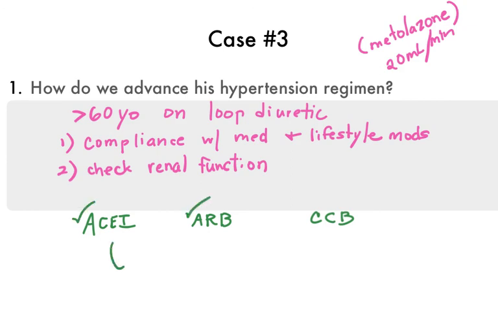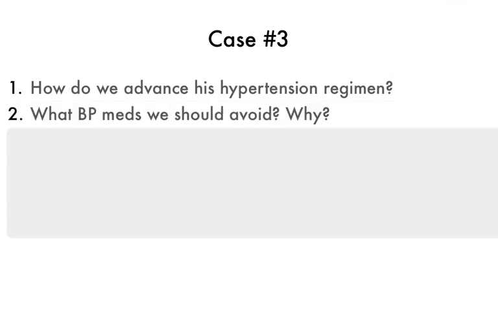However, ACEs can cause that dry cough related to the bradykinin issue, which might be problematic in this patient because he has COPD. The dry cough is a rare occurrence, and it may not really be an issue given the benefits that we know of in patients with hypertension for ACEs. But if it's something that we want to avoid, definitely we could just start with an ARB in this patient.